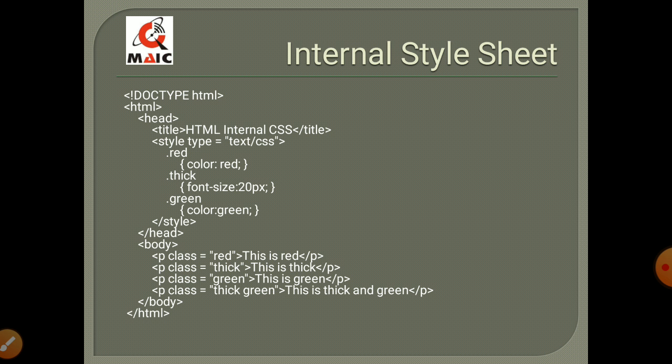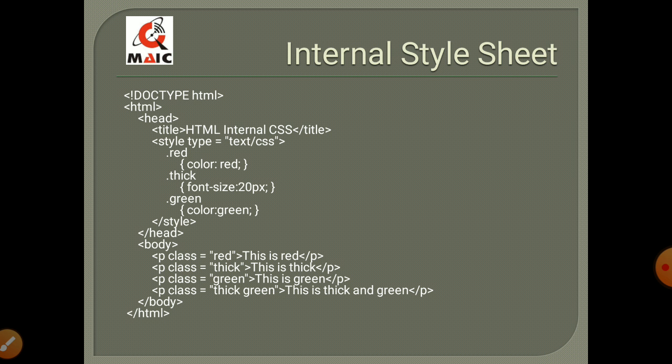We will just call that particular class instead of writing the whole thing like color red, font size 20 in the P tag. We will just call the red class or green class or thick class as it is mentioned in the HTML code, and so it changes.